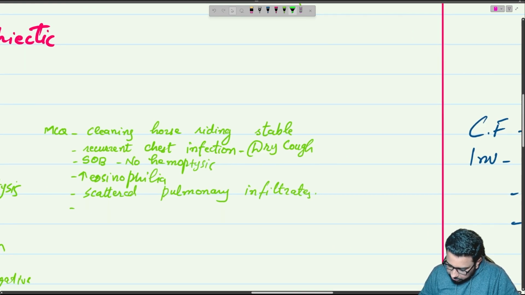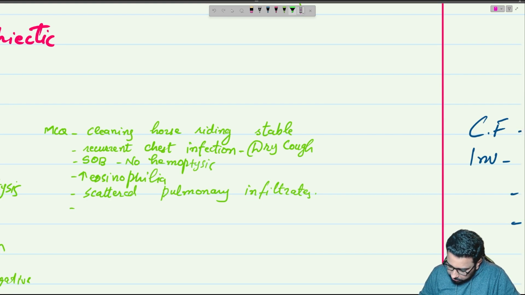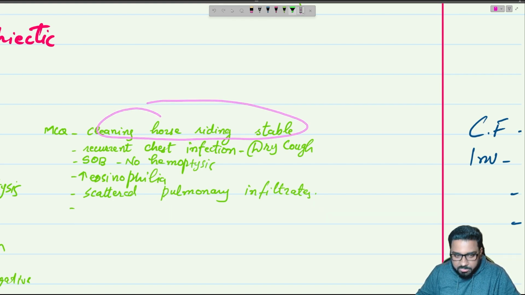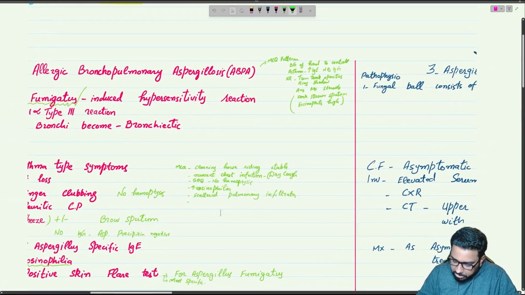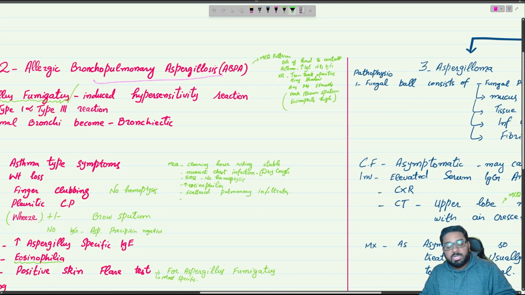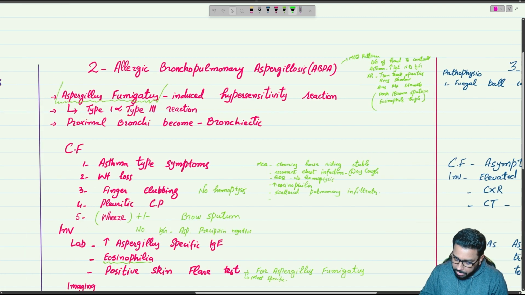The other MCQ: cleaning area, horse riding, stable, recurrent chest infection, dry cough, shortness of breath, no hemoptysis, increased eosinophilia, scattered pulmonary infiltrates. So now we know someone is working in a moist area, chest symptoms, eosinophils will be high, and we will go for this option, allergic bronchopulmonary aspergillosis, and management is steroids.